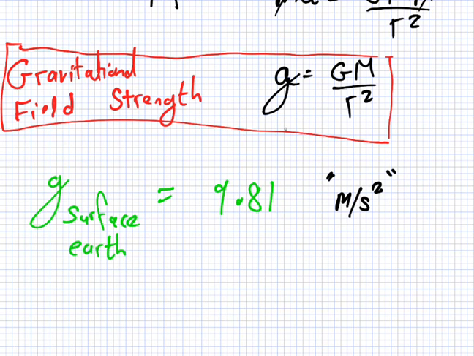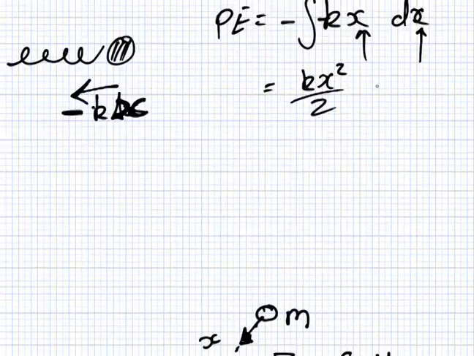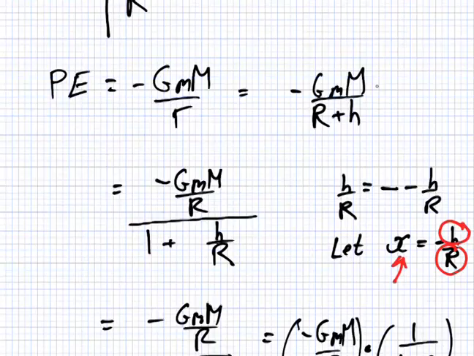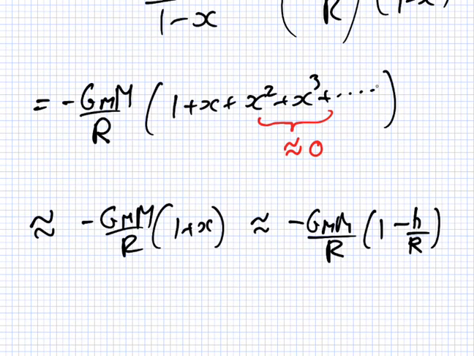So GM over R squared, that's small g. Now which R is that?